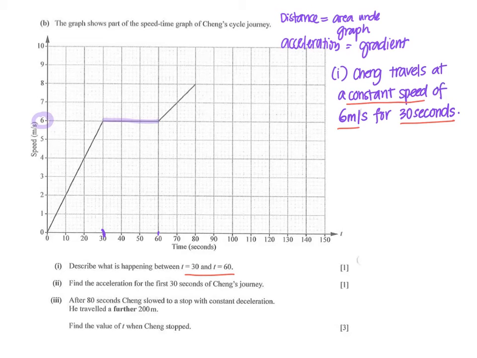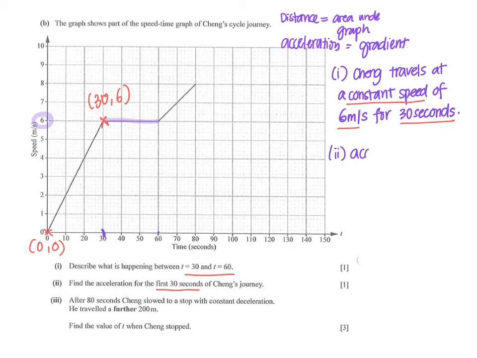Part 2, the question says to find the acceleration for the first 30 seconds. So acceleration is actually the gradient. For the first 30 seconds, it means from 0, we have this point (0, 0), to 30 seconds later, which is this point, (30, 6). So to find the acceleration, I'm going to find the gradient.